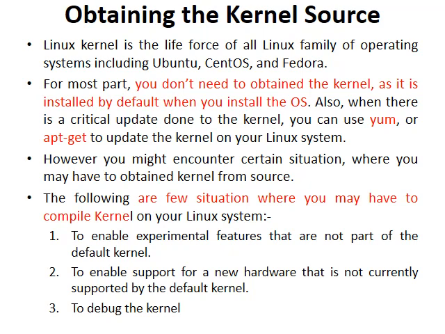In that case, if new hardware is available, then you cannot install an operating system which is already available and used for the specific target machines. In that case, you have to deploy the particular kernel for the specific target which is newly available. And third is to debug the kernel. So these are the particular situations where you need to install kernel rather than operating system.